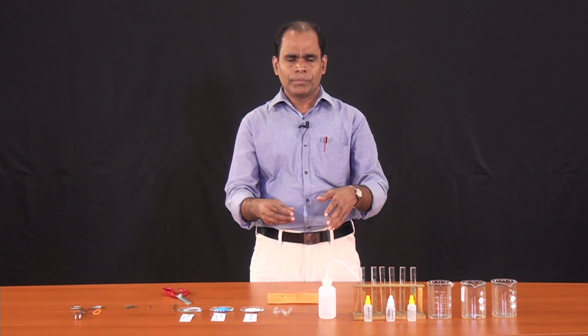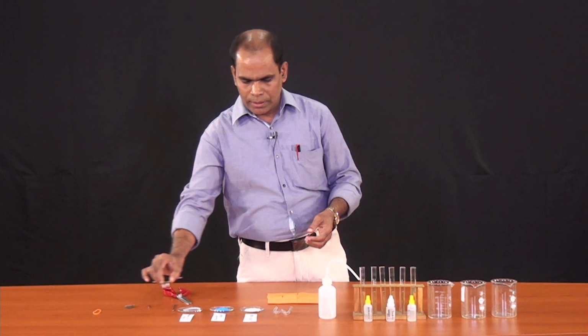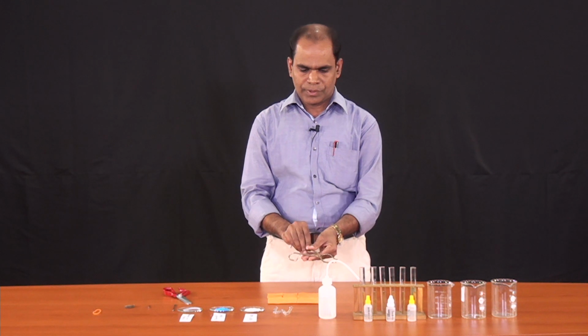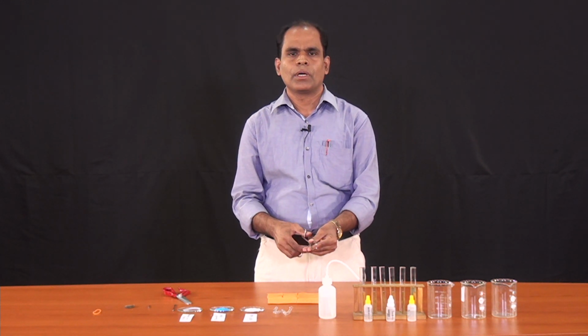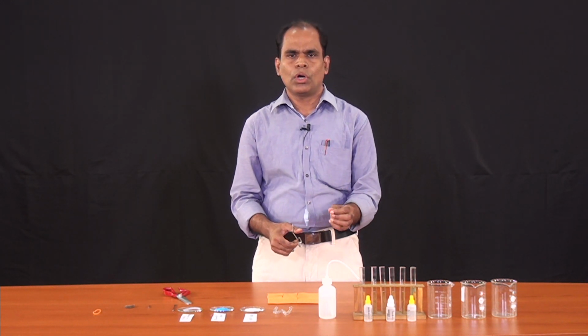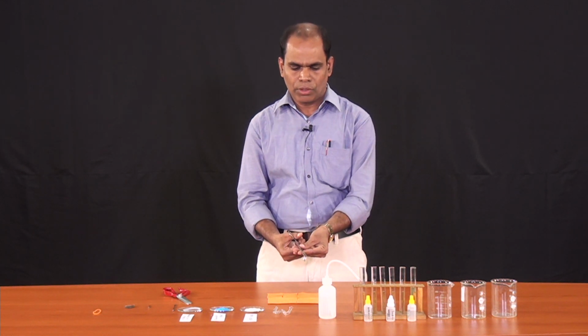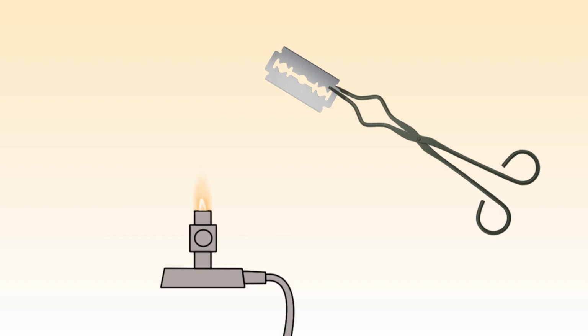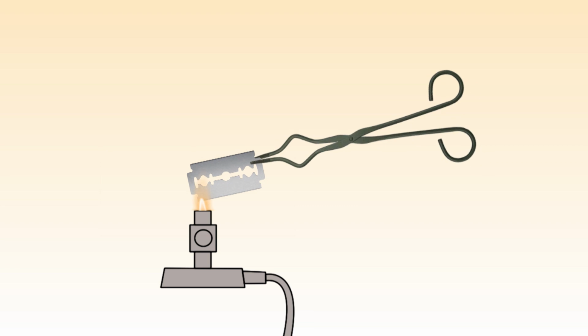Also, we can perform other activities involving other changes in properties. Collect a piece of used hacksaw blade and hold it in a pair of tongs. A pair of tongs you might have seen, this is a pair of tongs. Then you have to heat it in a burner. What will you observe?